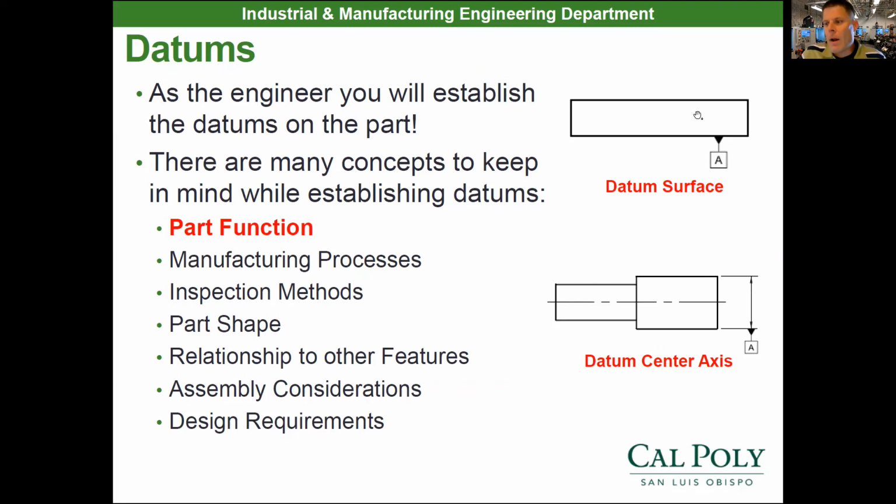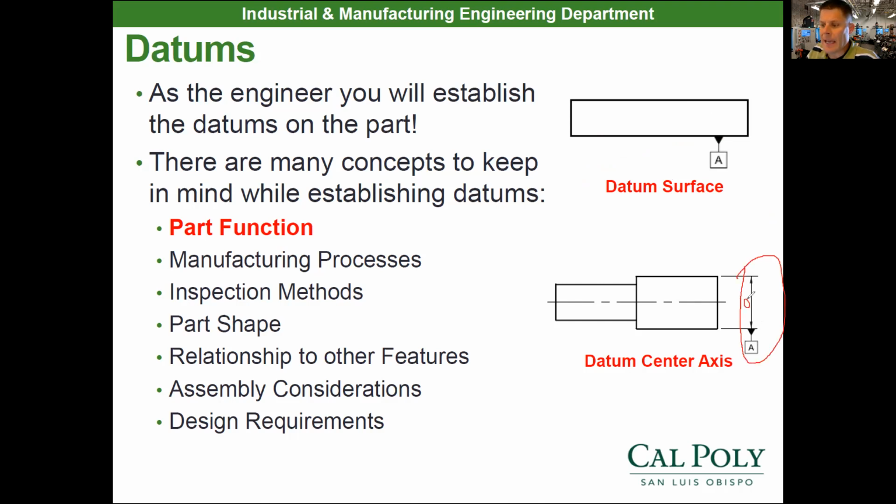Now, if I want to make a surface a datum, I put it in the view where the surface appears as an edge. So it's really the bottom surface of this block that is my A datum. That's one way to specify a datum. If I want the centerline axis of a dimension to be my datum, I put it directly in line with that dimension.